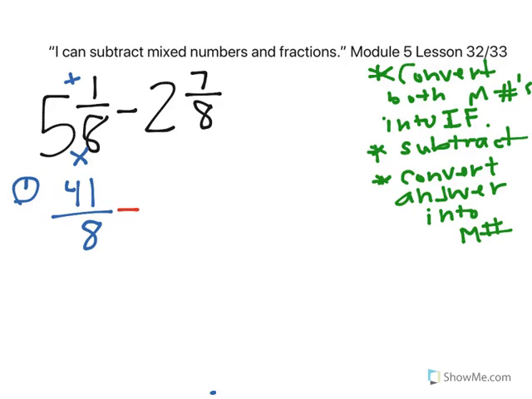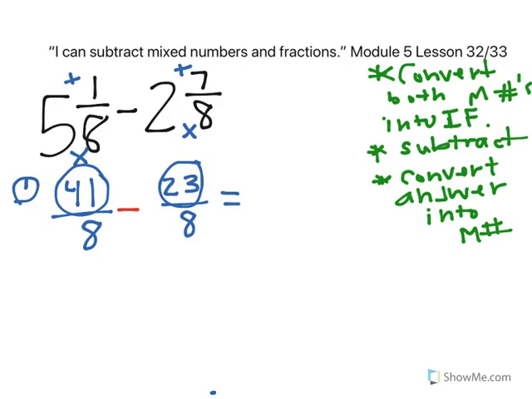Minus, let's do the second one. 8 times 2 is 16, plus 7. So 16 plus 7 would be 23 eighths. Okay, now I should be able to subtract straight across. My first fraction, the numerator should be bigger than the numerator here, and that's true. So 41 minus 23.